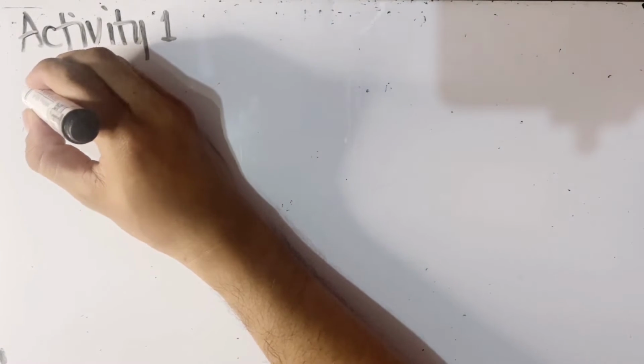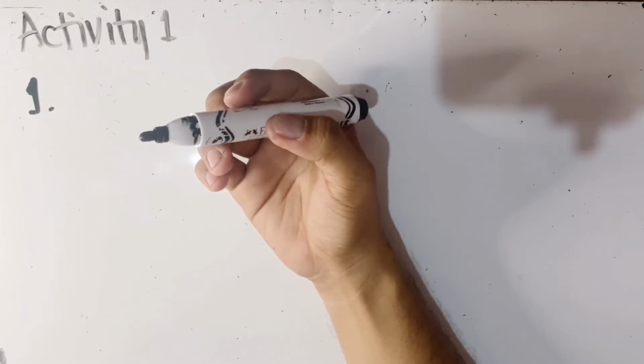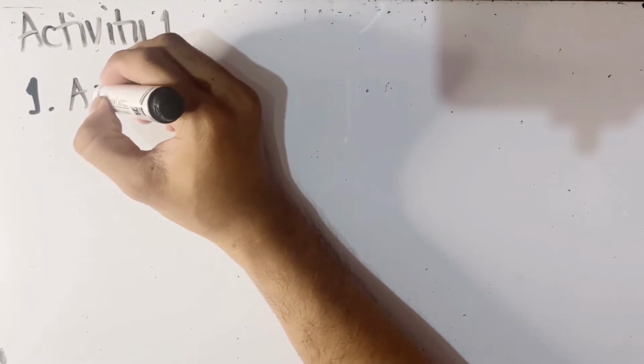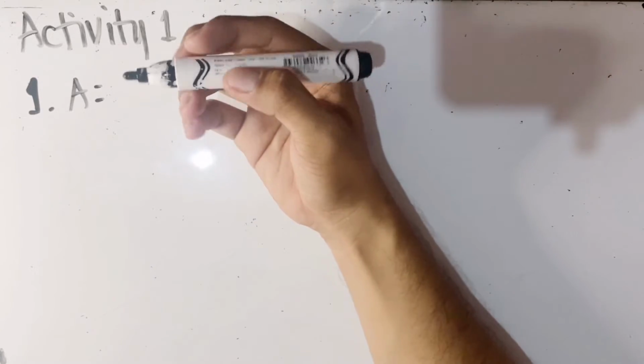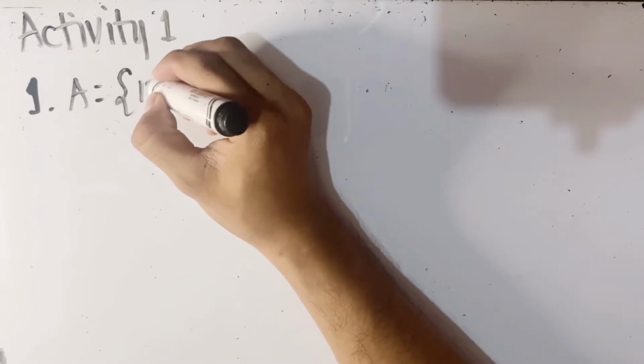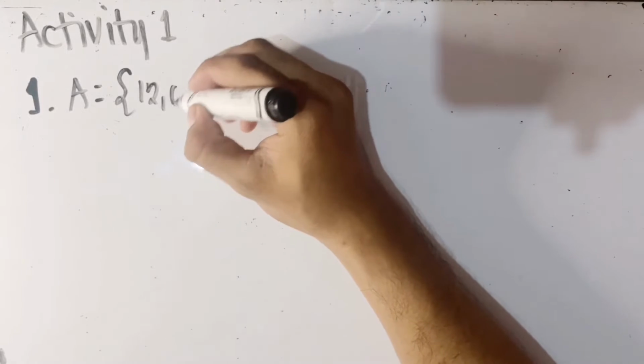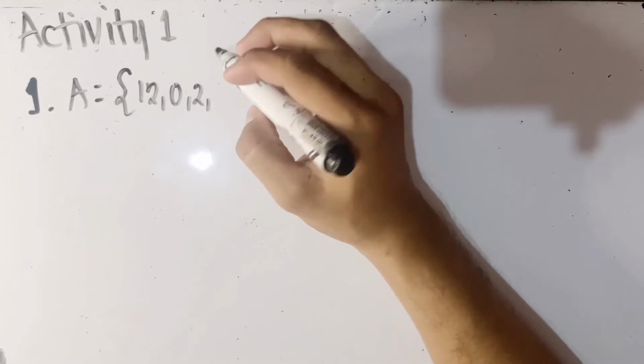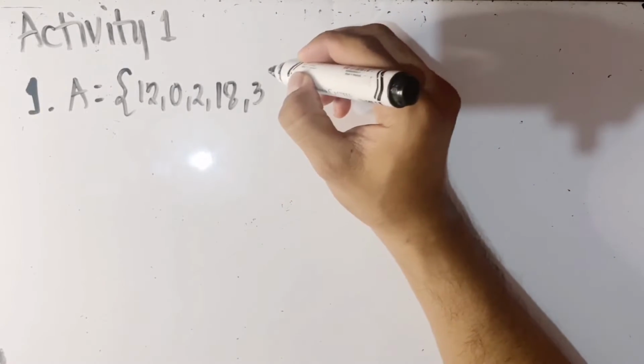So, in activity 1, the competency there is solve problems involving sets using the Venn diagram. So, the direction: fill in the Venn diagram below using the sets A and B. Number 1, we have set A is equal to 12, 0, 2, 18, and 3.